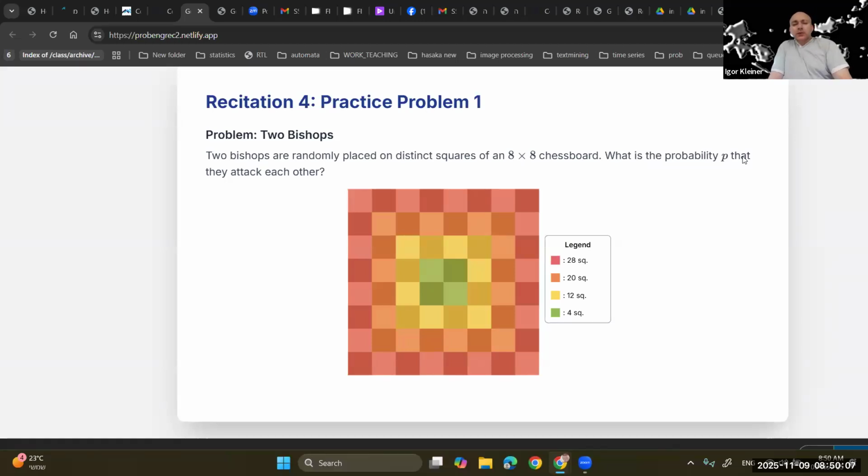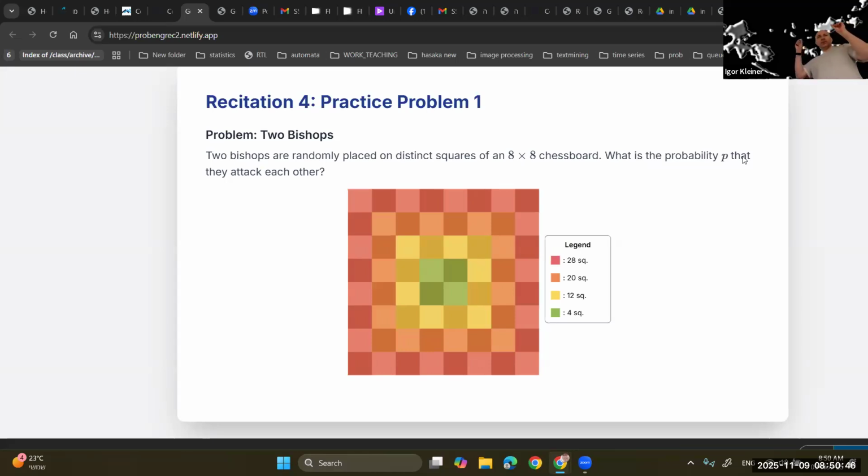So what do we have here? We have a regular chessboard, 8 by 8. Let me draw it. It has 8 rows and 8 columns, 64 squares.